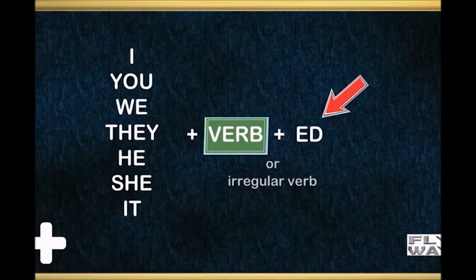We talked about this in the previous video. The irregular verbs are usually not the same, like for example, eat turns into ate. Normal verbs, which are the regular ones, are the ones we will talk about in this particular video. Let's carry on.